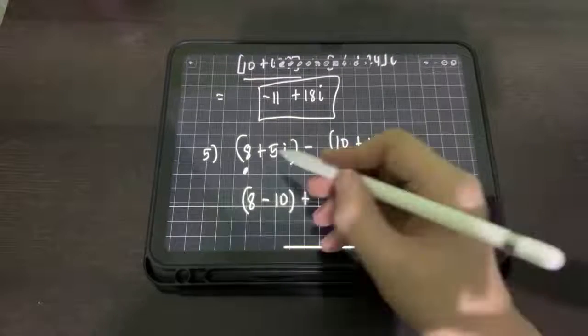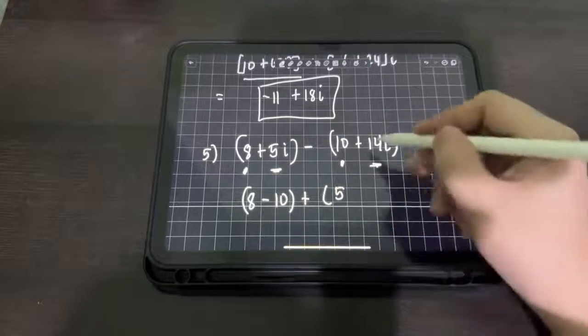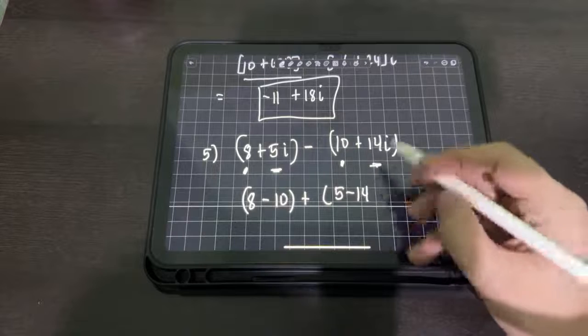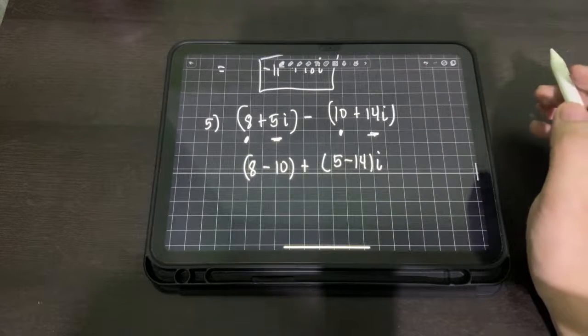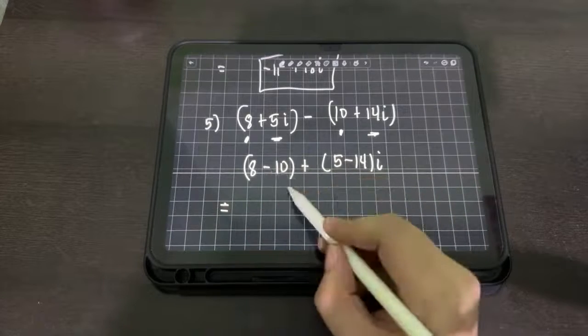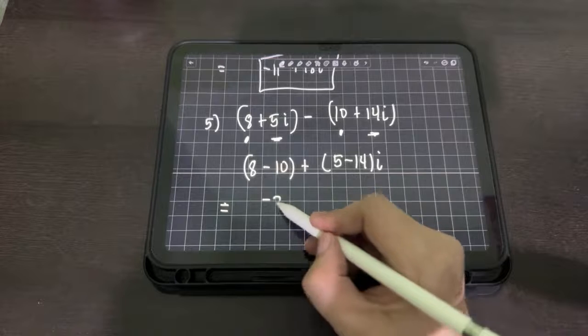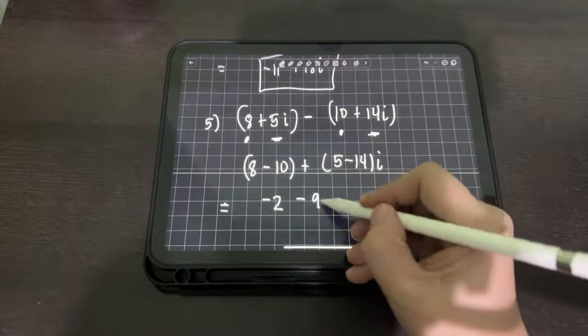Okay, plus the difference of the imaginary part, we have 5 minus 14i. So we will have 8 minus 10, that's negative 2. Then 5 minus 14, that's negative 9i.